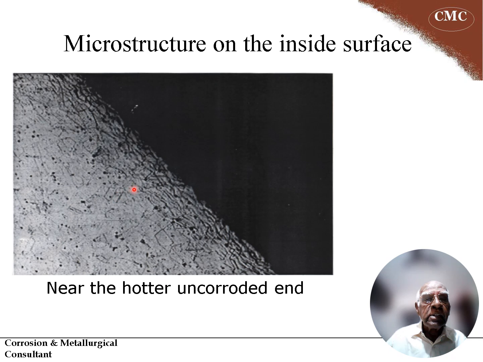This is the inside surface, this is the inside of the tube, and this is the surface structure. The surface structure again shows a different structure. That means the tubes got sensitized. The tubes got affected during manufacture, and this is called intergranular sensitization, leading to intergranular corrosion.